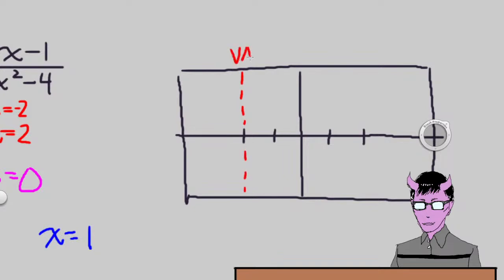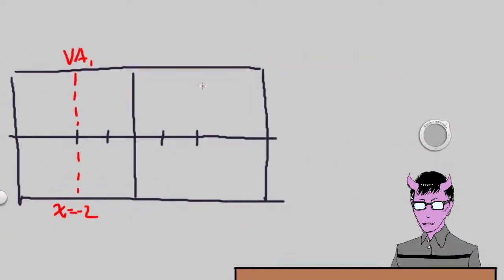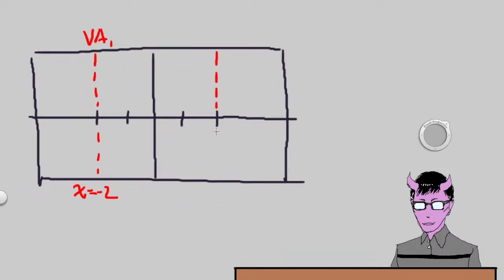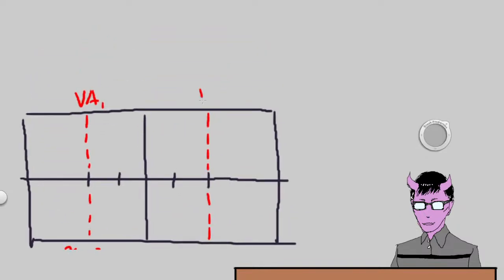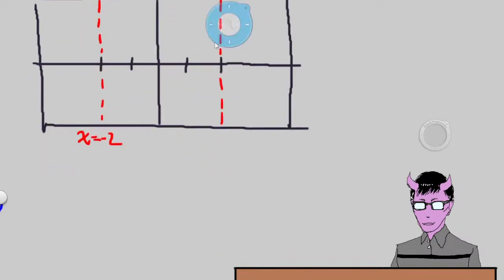So VA1, that's at x is equal to -2, and then VA2, occurring at x is equal to +2.